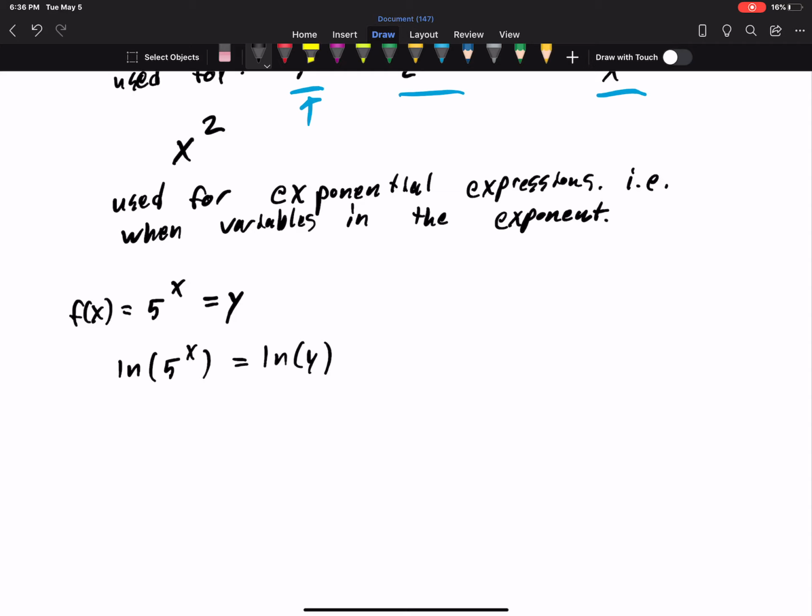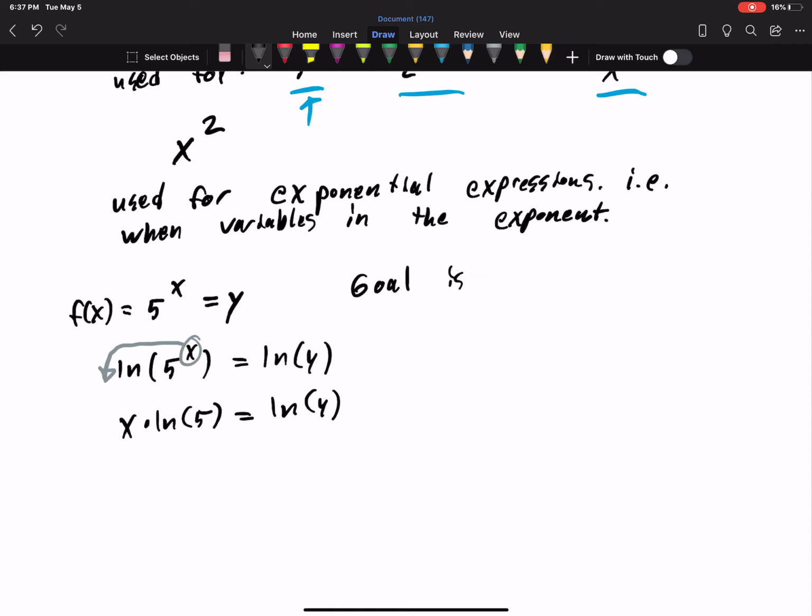The reason we do this is because when we have a log with an exponent on the inside of the log, the exponent gets moved down in front of the log, making this not an exponential anymore. So, simplifying this gives us x times the natural log of 5, which is equal to the natural log of y.